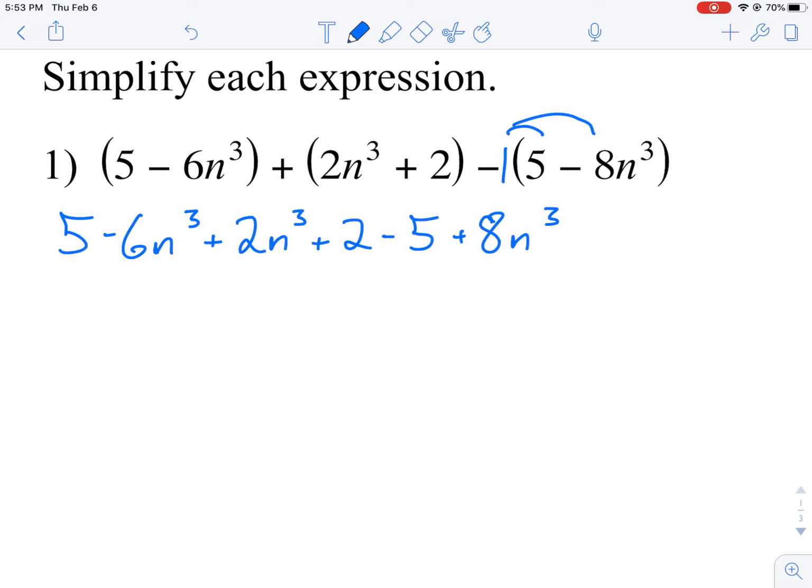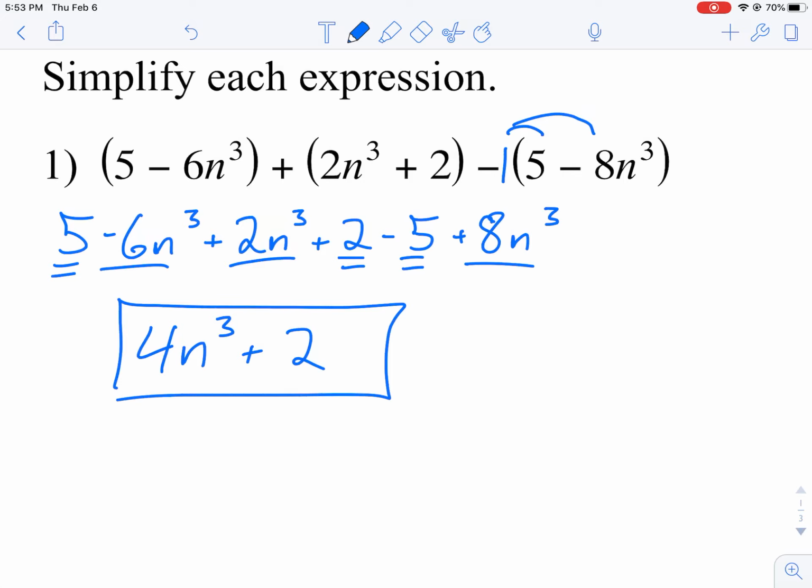Now let's combine like terms. Negative 6n to the third, 2n to the third, and 8n to the third. As I combine like terms there, I'm going to get 4n to the third, and then combine the numbers as well. 5 plus 2 minus 5 gives me a positive 2. So this would be my simplified expression.